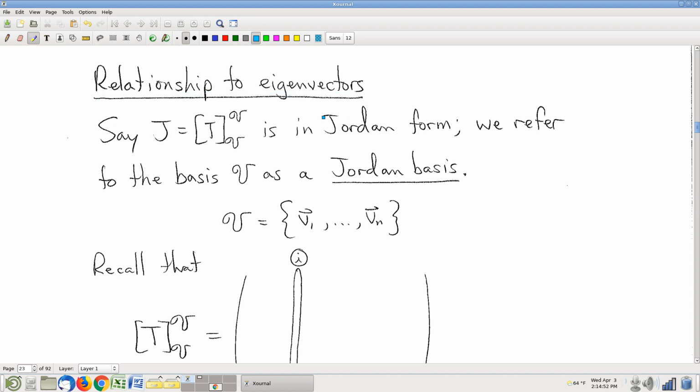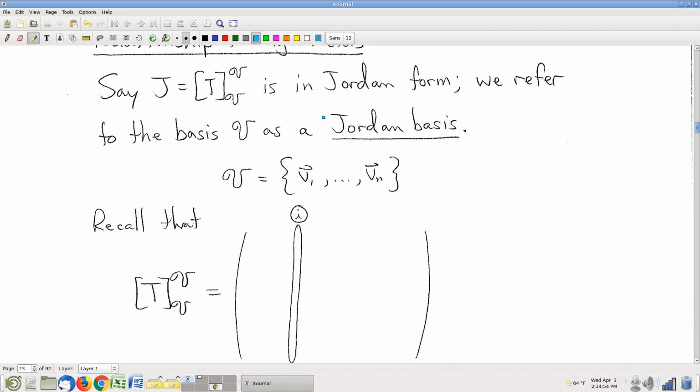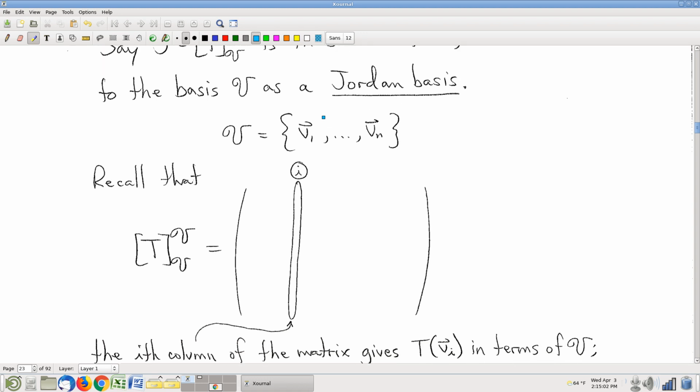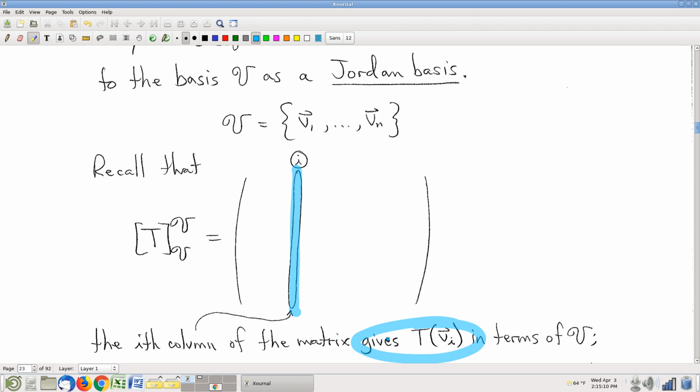Here's how that works. You can actually see it in the form itself. So don't forget, columns give you images of input basis vectors. One of these input basis vectors put into the linear transformation T, that's where your columns come from.